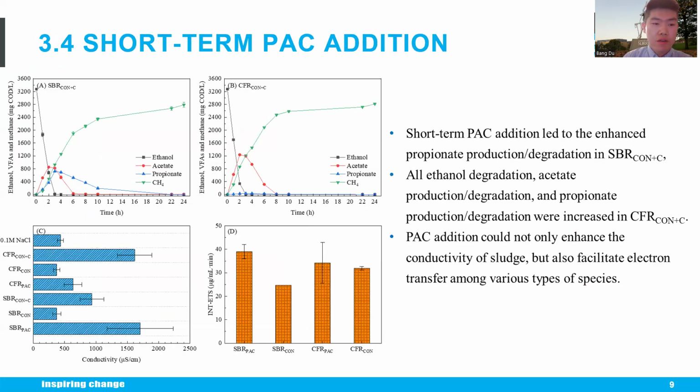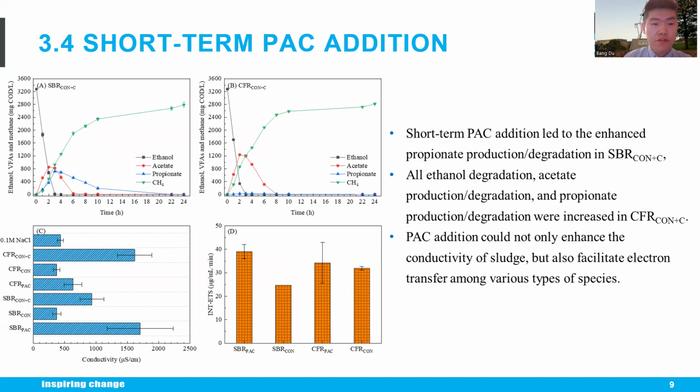Besides, we also evaluated the PAC addition strategy, long-term or short-term, and whether it happens immediately or requires some time for accumulation. Here are some findings. First, we found that short-term PAC addition could also lead to enhanced propionate degradation and production in the SBR reactor without PAC addition.